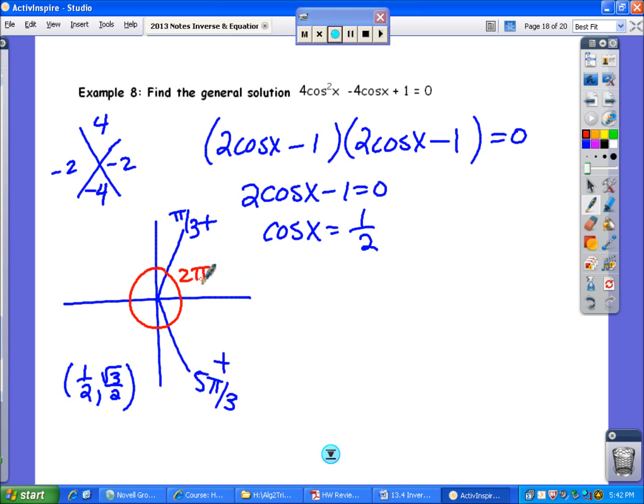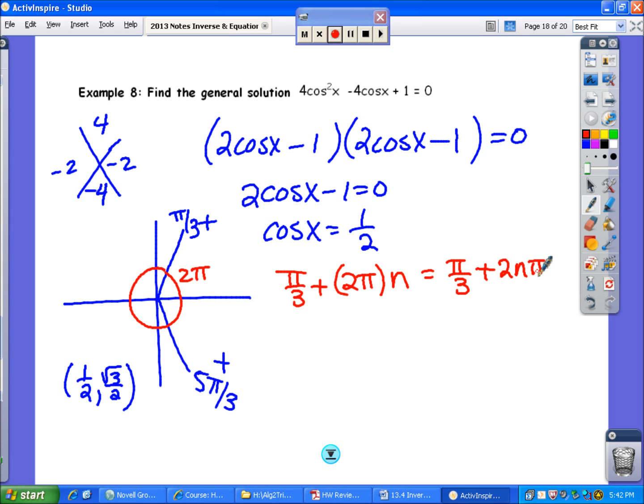So that means our multiple is going to be pi over 3 plus 2 pi times n. So this is typically written as pi over 3 plus 2n pi. That's the way you're going to see it. But we're multiplying by multiples of 2 pi this time.